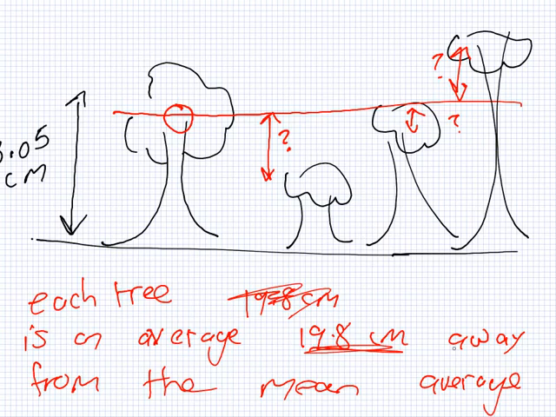So for something like income, do you think standard deviation will be big or will be small? It'll be big. What about something like height, people's height?